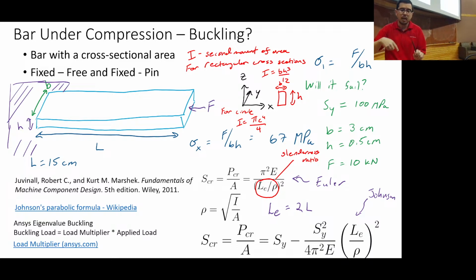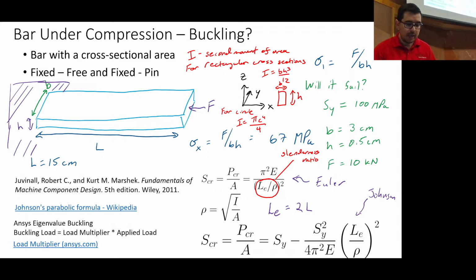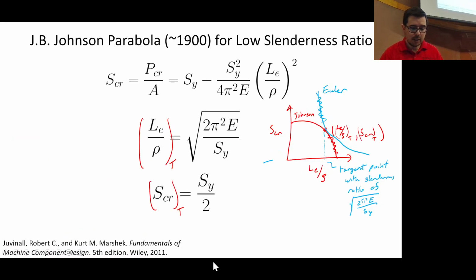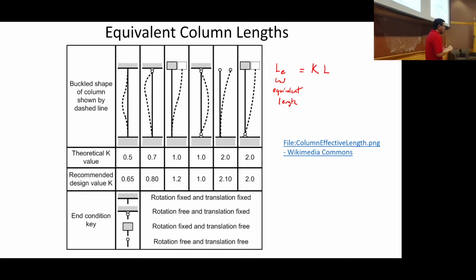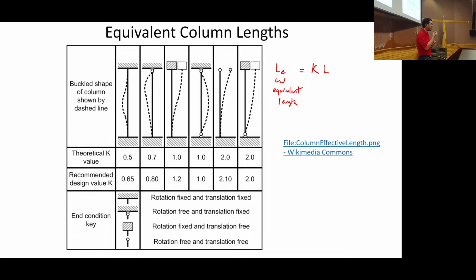Okay, and if that's my situation, I might take a look at this type of chart. We talked about slenderness ratio as being some equivalent length over the radius of gyration.